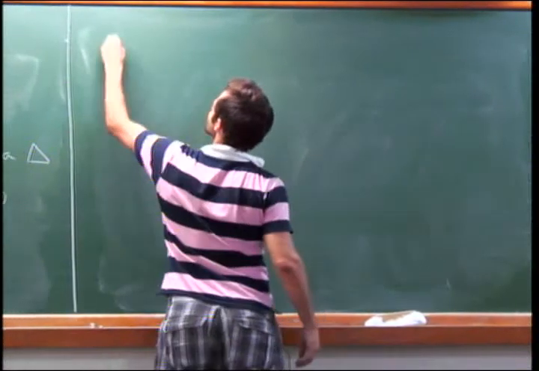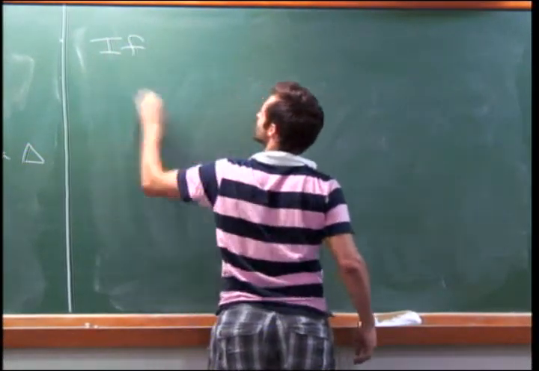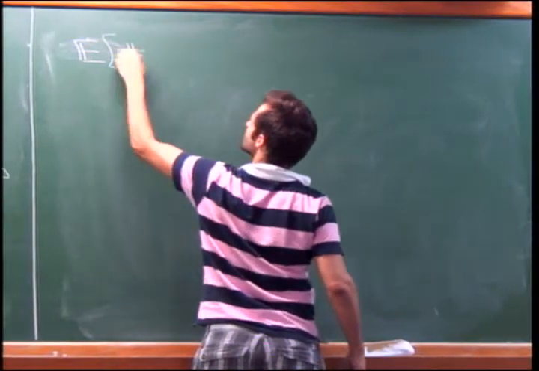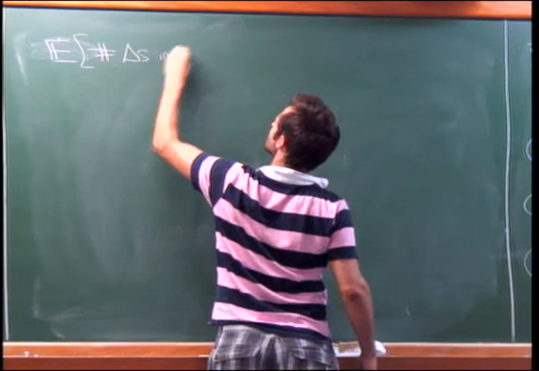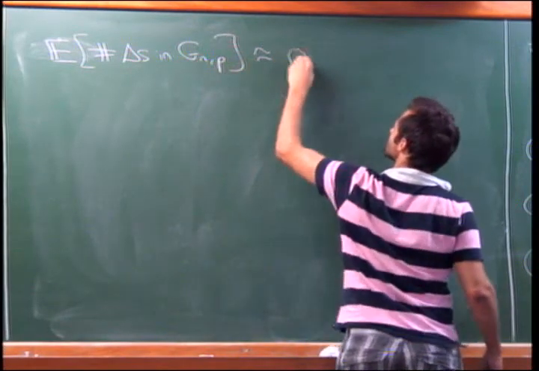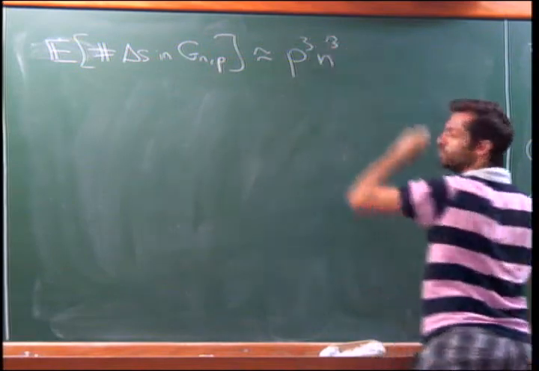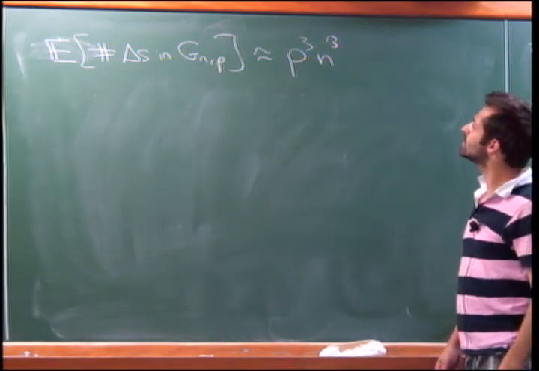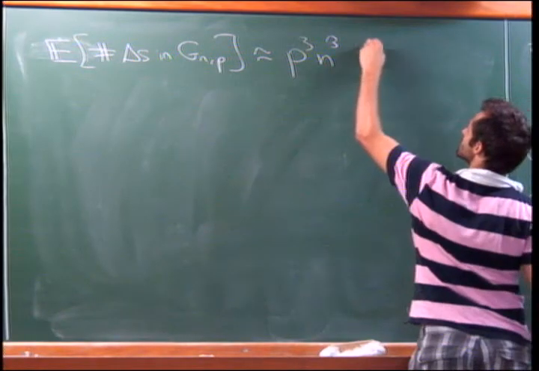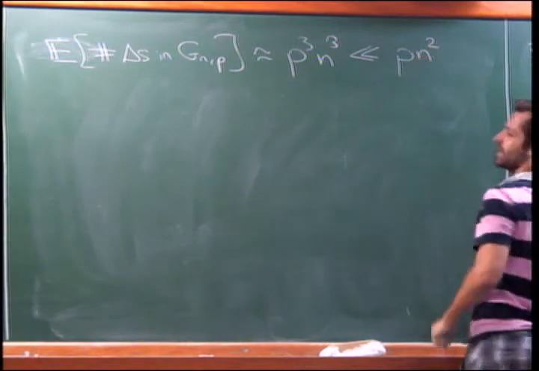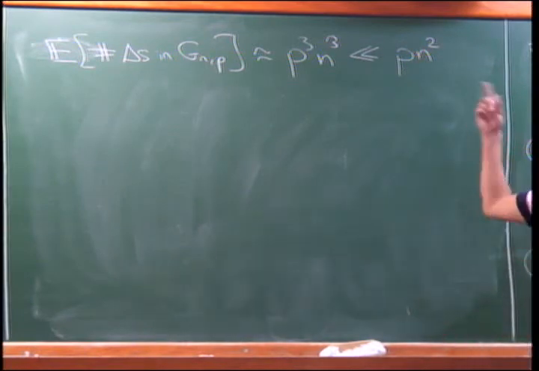So what is the expected number of triangles? p cubed times n cubed this time. And suppose this is much smaller than p n squared, which is the number of edges in G(n,p).